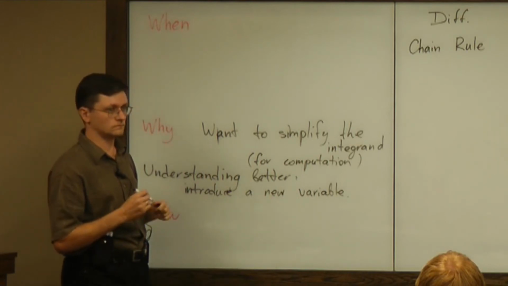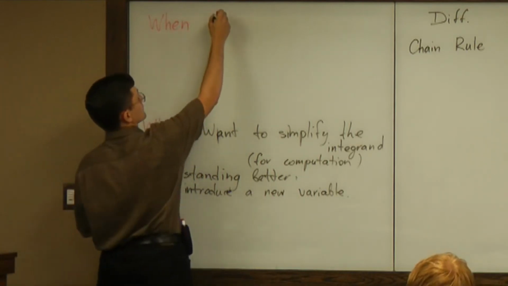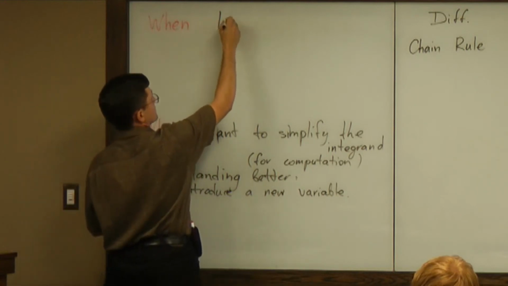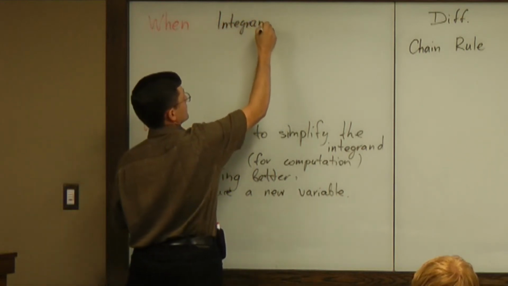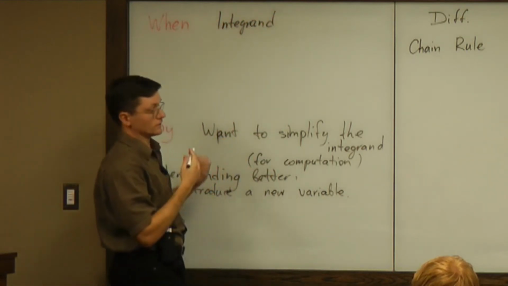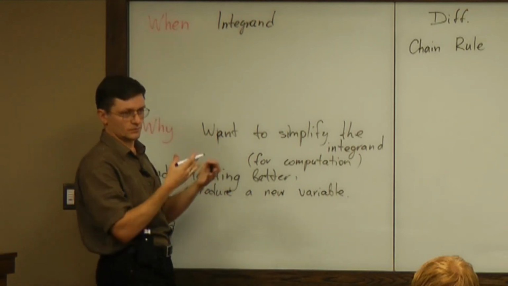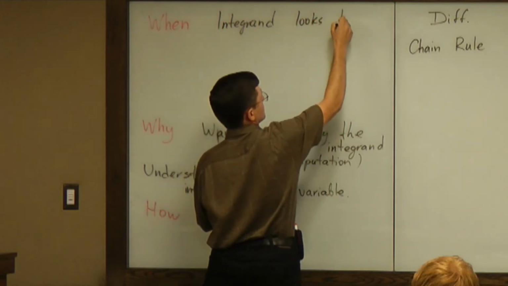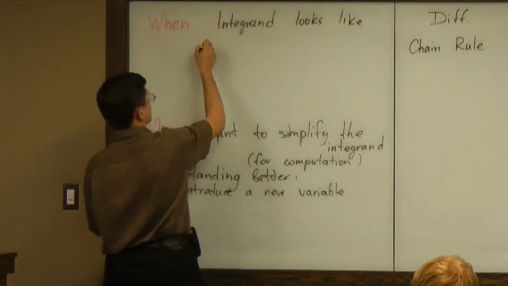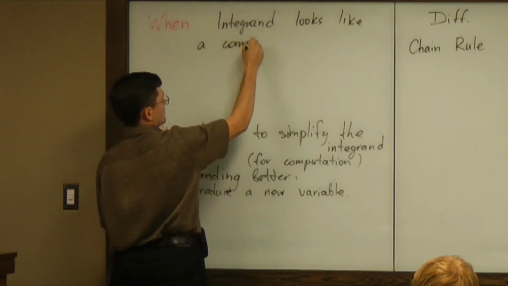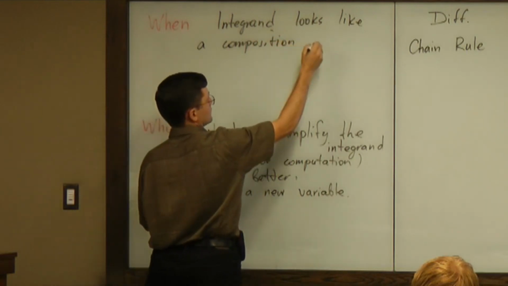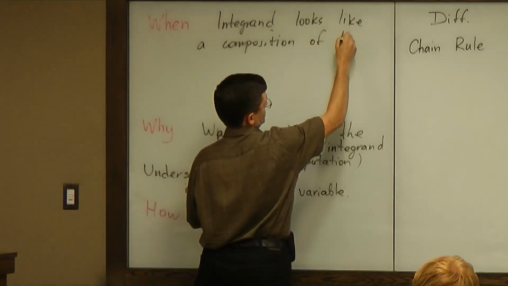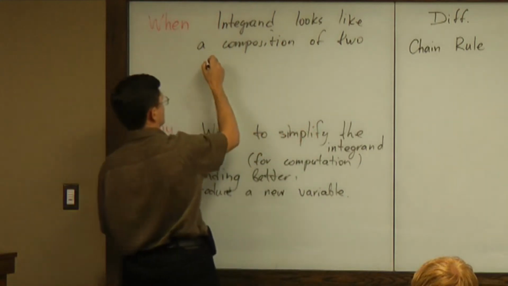When the integrand is a composition of functions, we can always try. Exactly. You look at the integrand, and it should look like a composition of two functions.